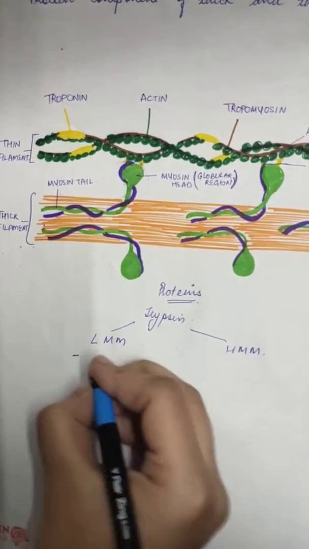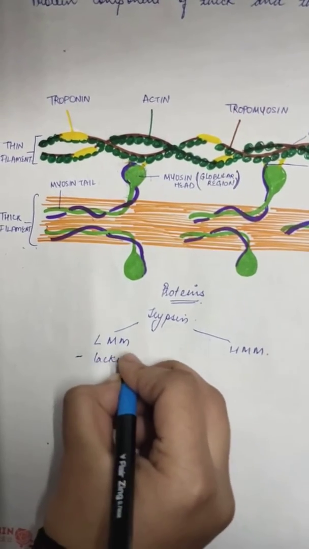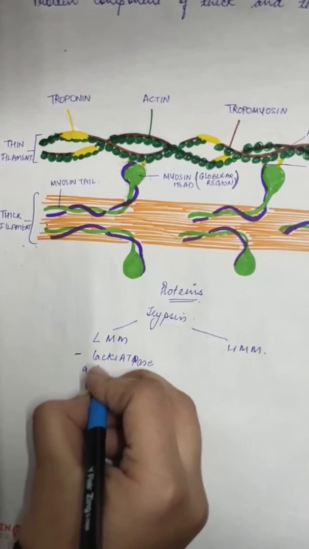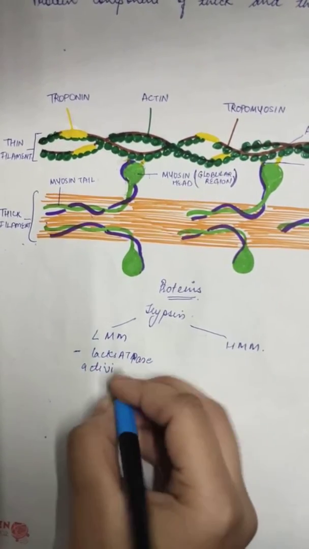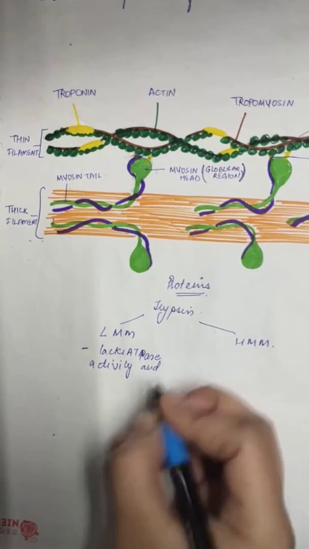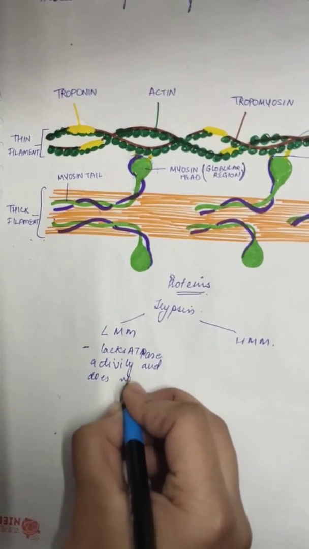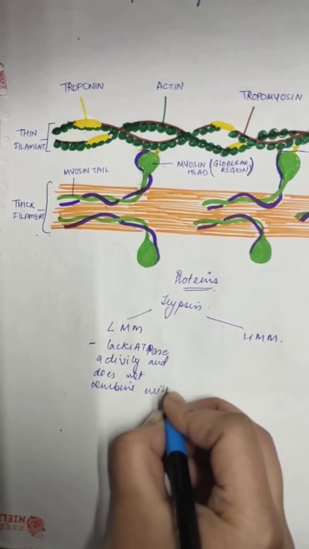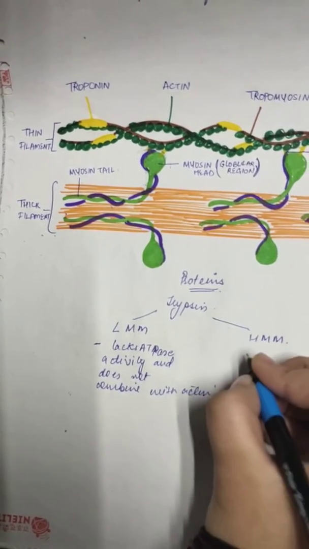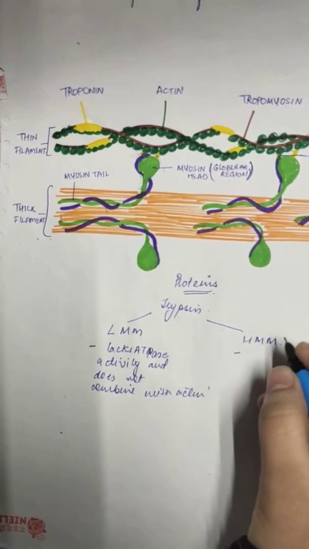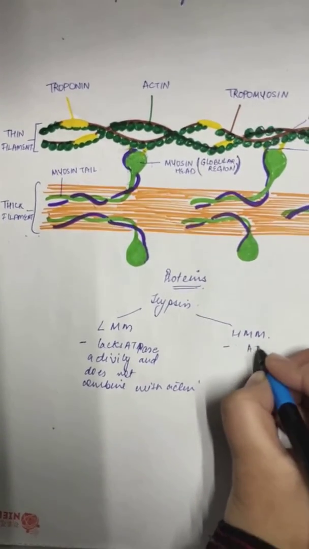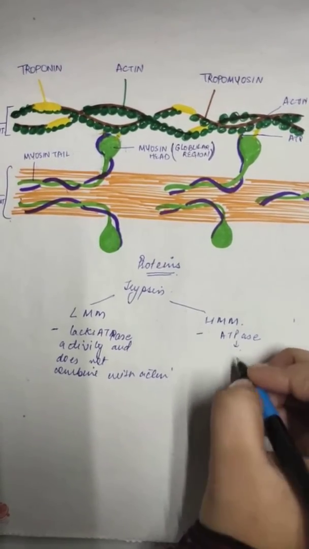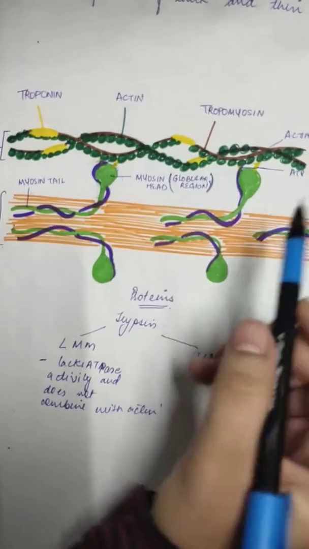The light meromyosin lacks ATPase activity and does not combine with actin, whereas heavy meromyosin contains ATPase activity and combines with actin like this.